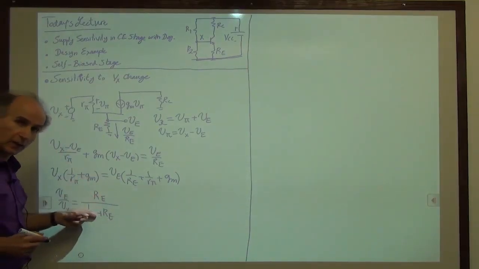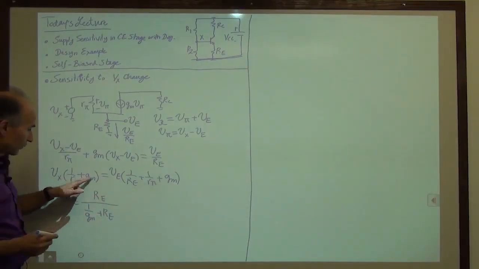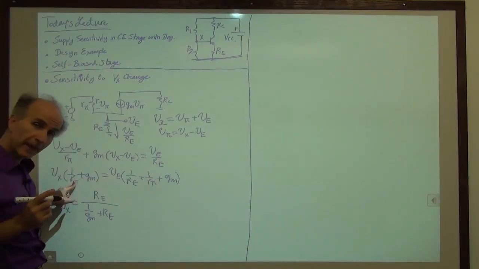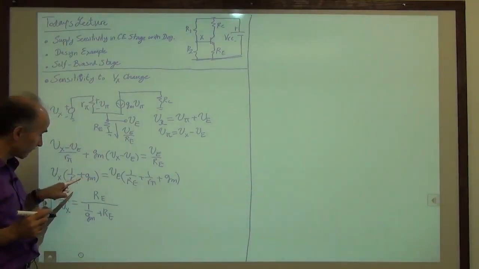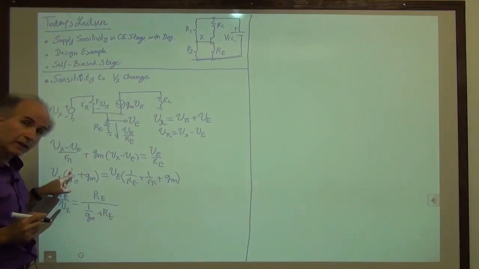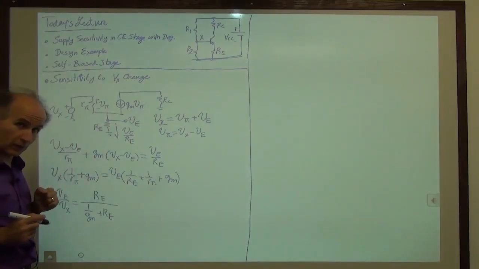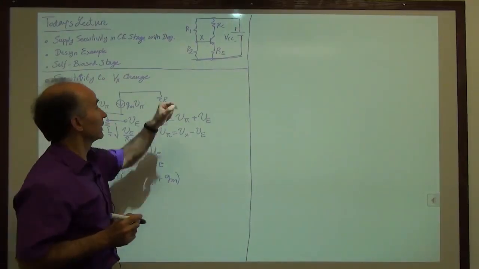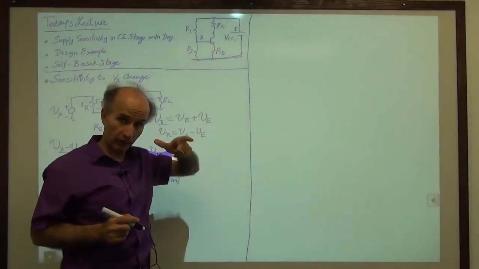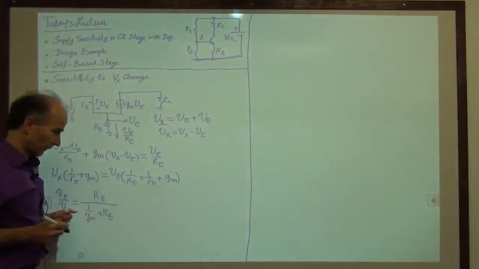In going from here to here, I have recognized that Gm R pi is beta, and I have assumed that beta plus 1 is approximately equal to beta, like what we did for the common emitter stage with degeneration. Remember, when we calculated the voltage gain of the stage, we had to make those approximations. So it's the same thing here.